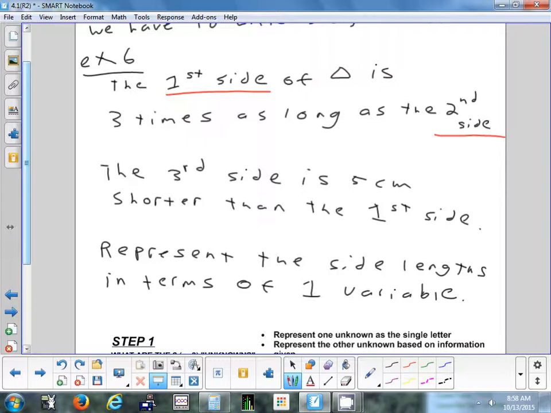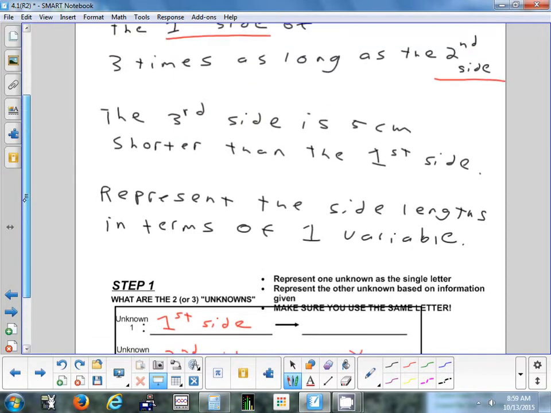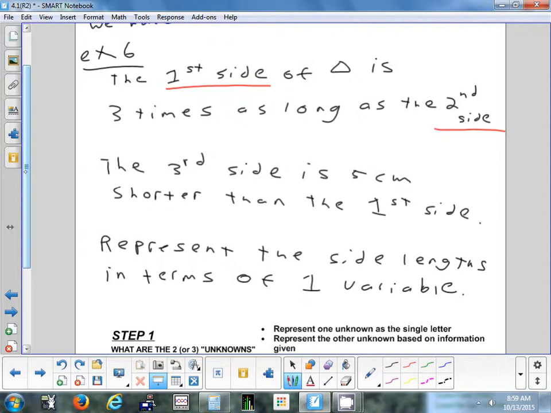What's a good letter for second side? I don't really think S is the best choice. X, yeah, why don't we just use X? So we've got our second side. It's X. The first side is 3 times the second.